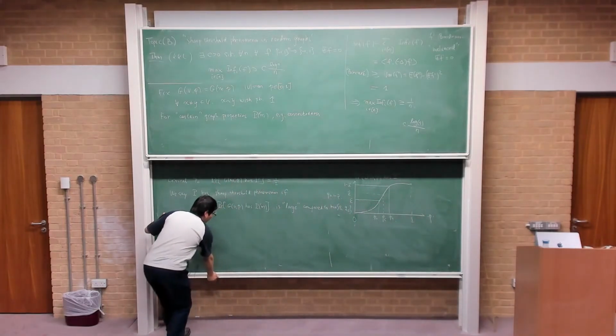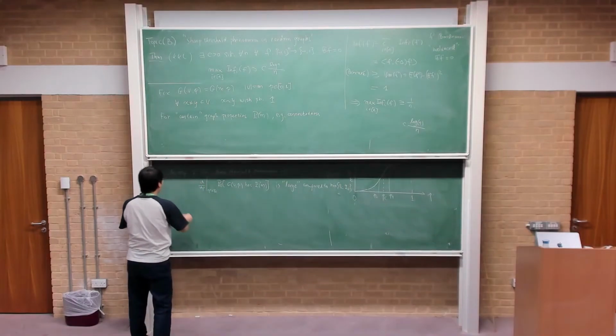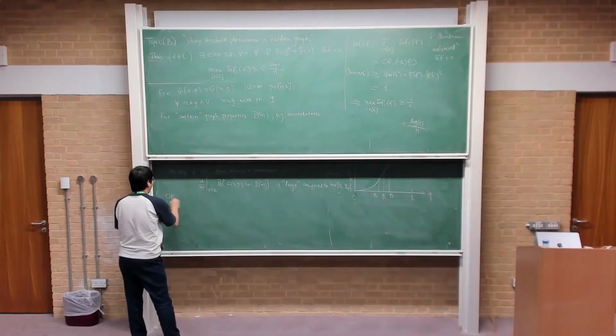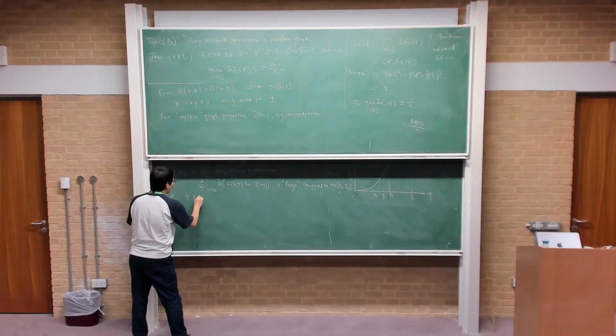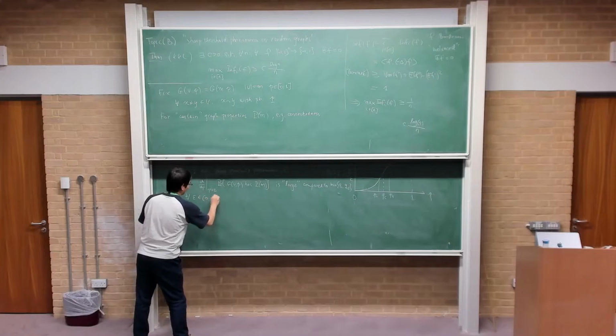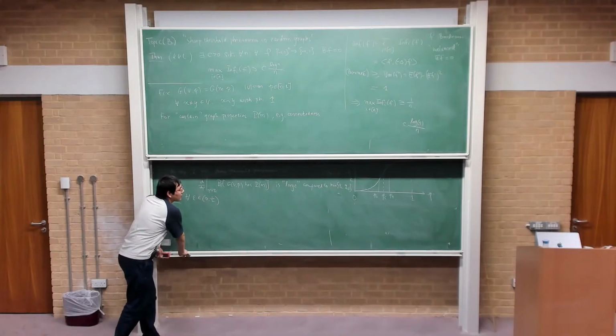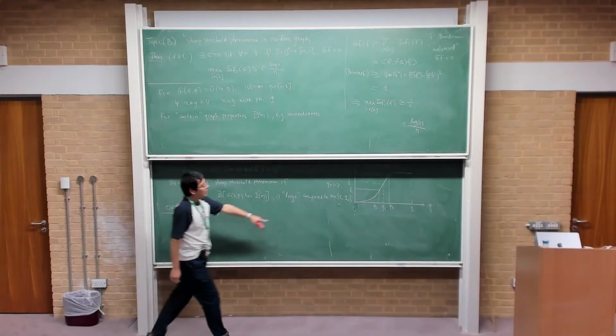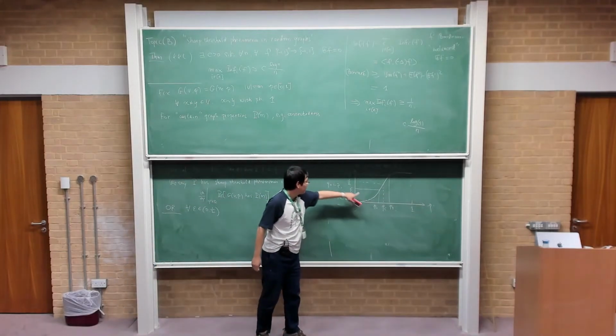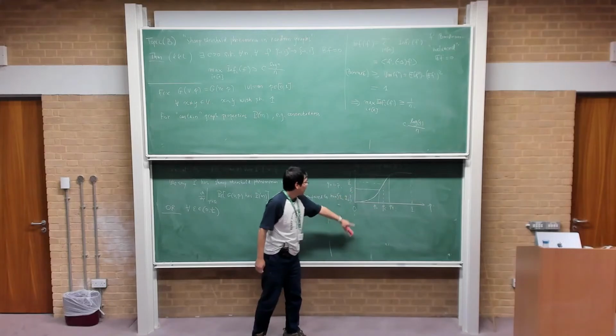Or equivalently, you pick any epsilon between 0 and 1/2, and you look at the points p0 and p1, which depend on epsilon, m, and the property.